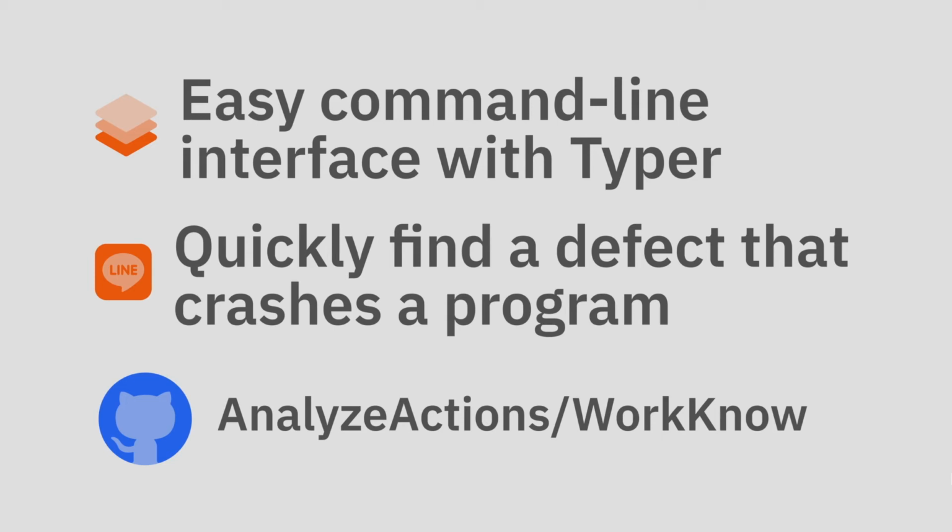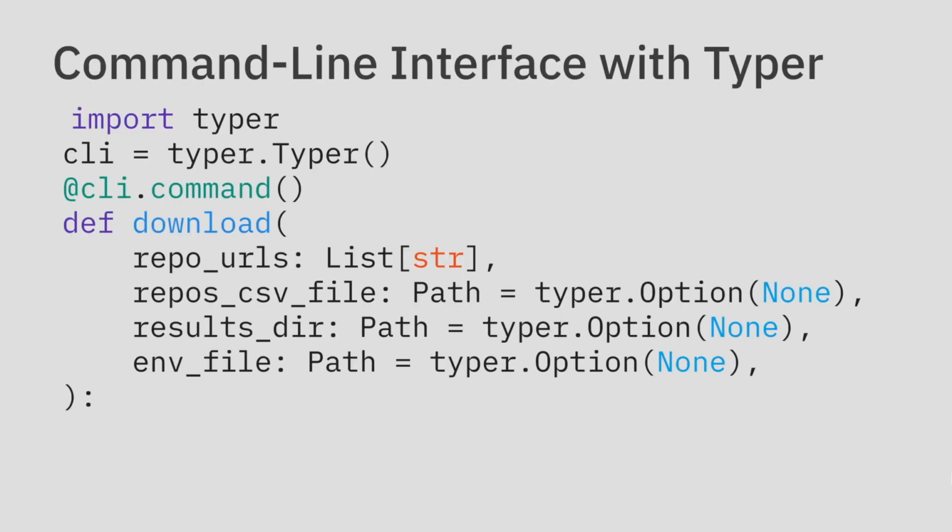It keeps you in the know about the history of workflow builds on GitHub Actions. WorkNote uses GitHub's REST API to download the history of workflow executions. It then extracts, parses, and summarizes the data, and then stores the most important results in CSV files.